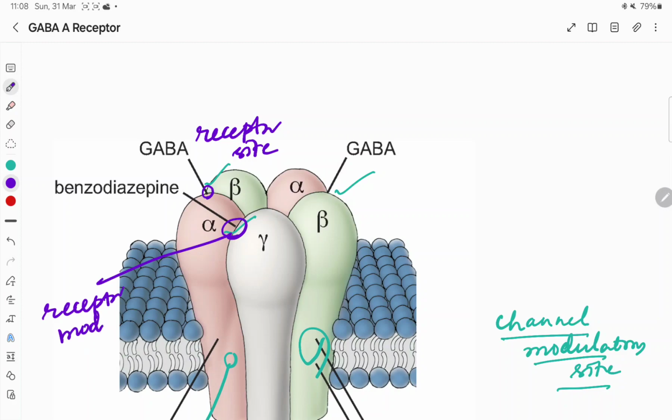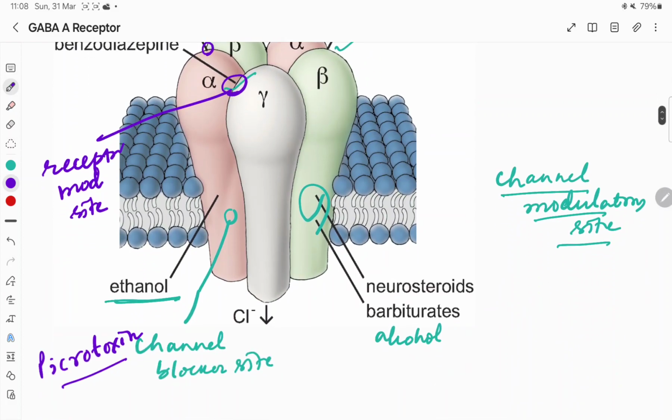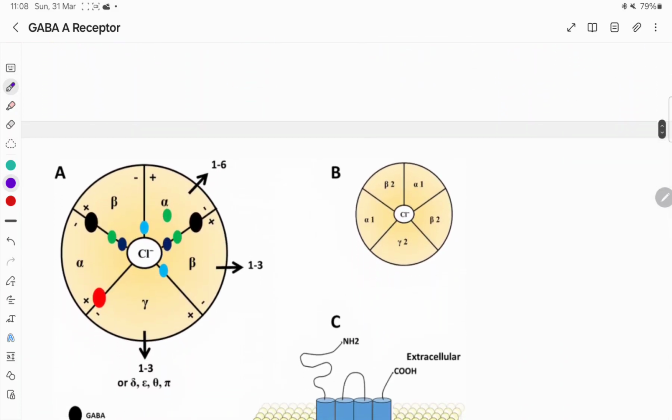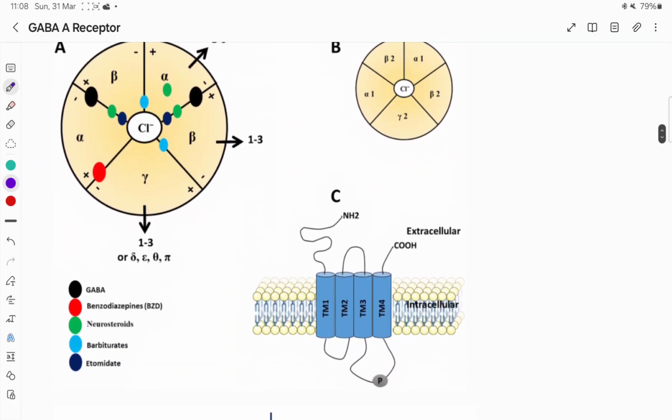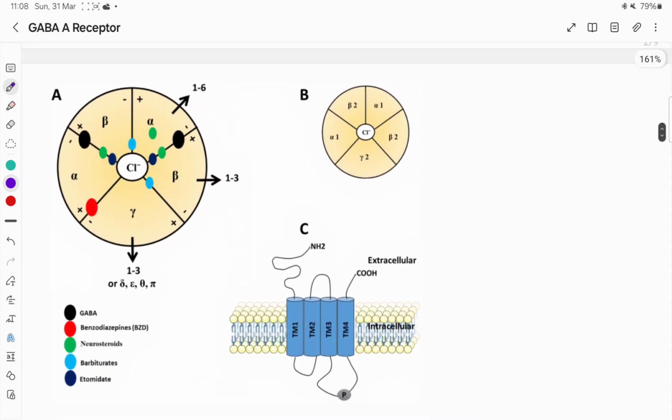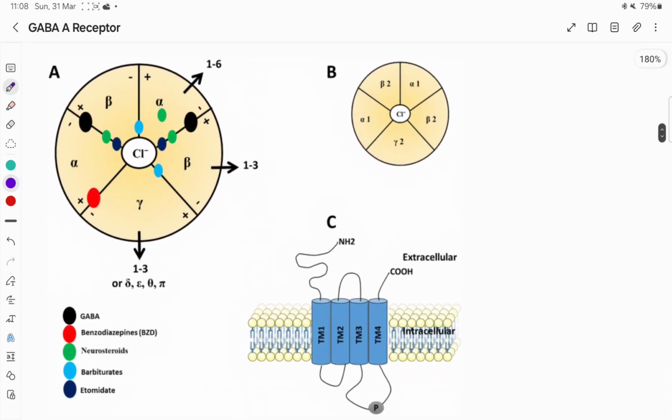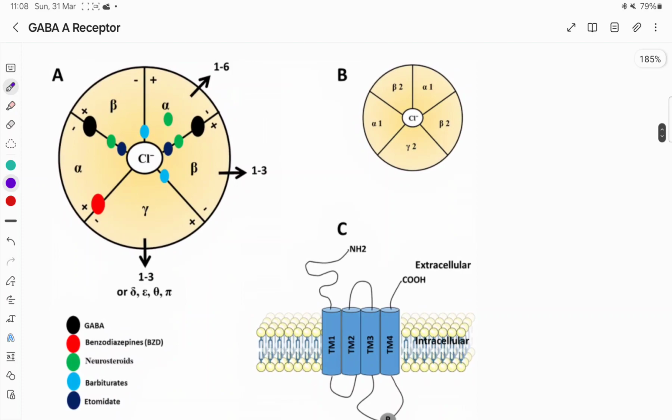Similarly we have channel modulatory sites, and we have the channel blocker site. So in this figure we have 2 alpha 1, 2 beta 2 and 1 gamma 2.